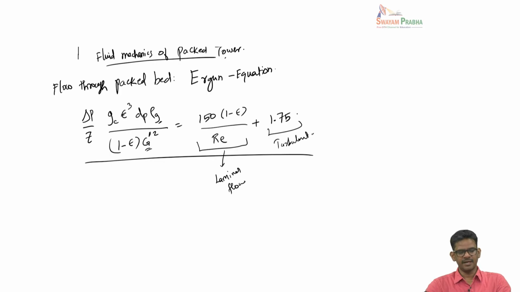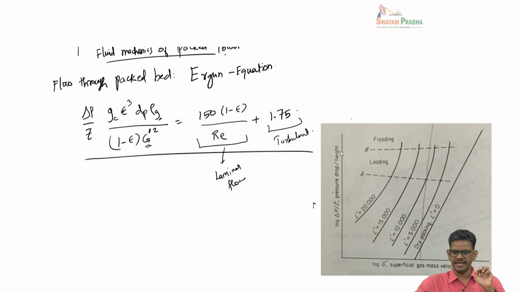So the Ergun equation is applicable for both laminar and turbulent flow, but one of the terms will be more dominant for a specific flow. Now this is only applicable if you have a single fluid flowing through a packed bed. But in the packed column used for absorption, there are two fluids going in opposite directions, so that has to be a little more complicated than the Ergun equation.